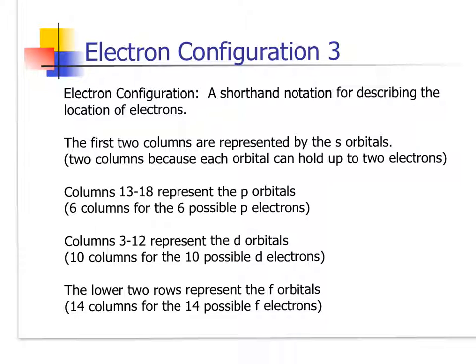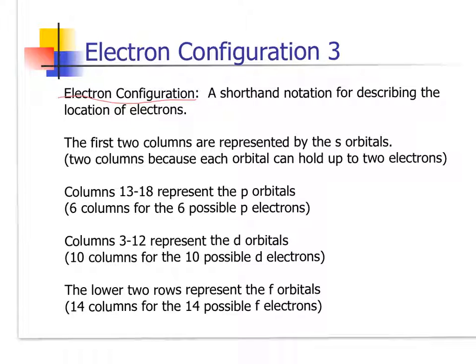So what does this all mean? Well, it helps us to figure out a way to put together what are known as electron configurations. Electron configurations are a shorthand notation for describing where the electrons are. And our periodic table has a lot of these things done.